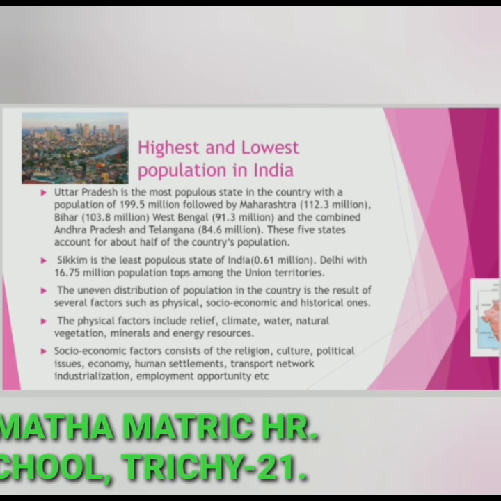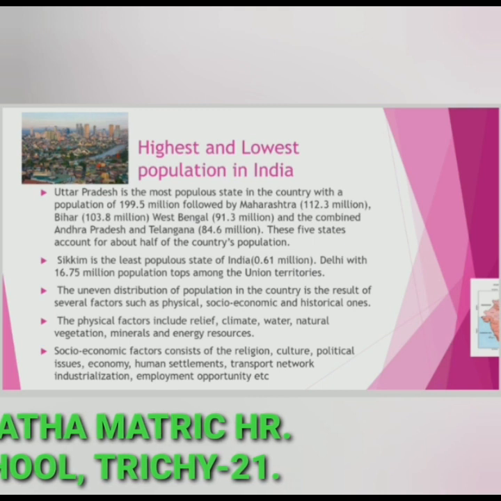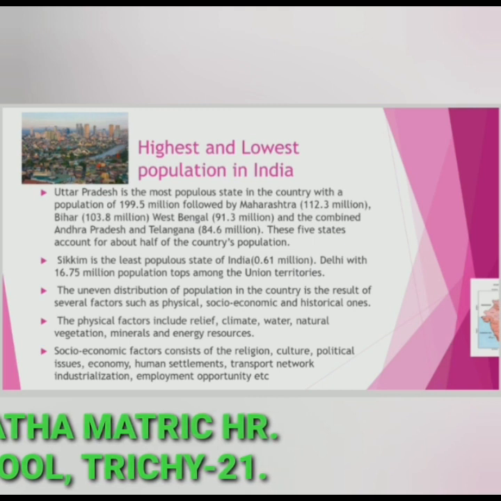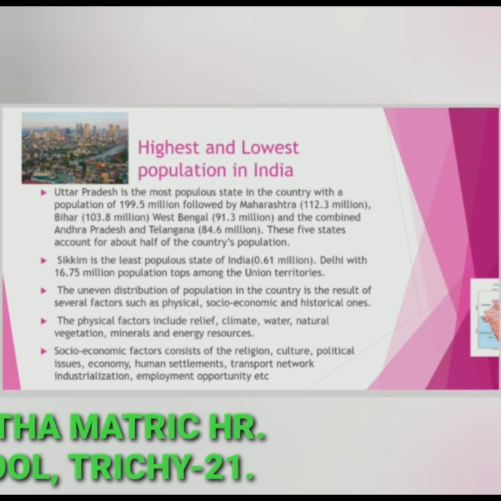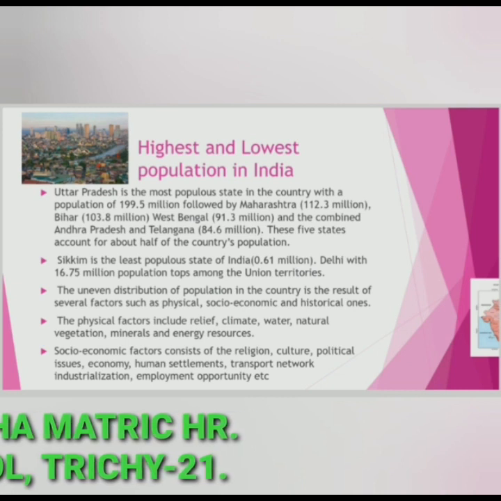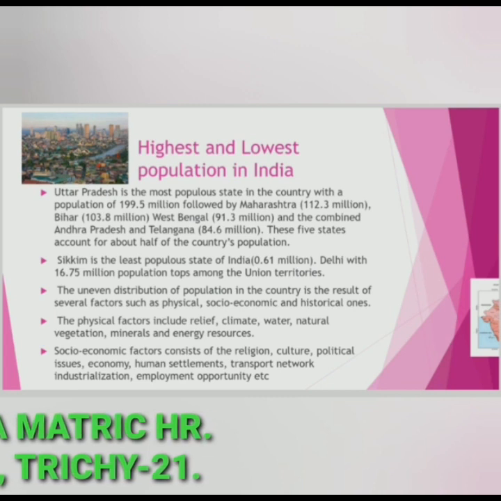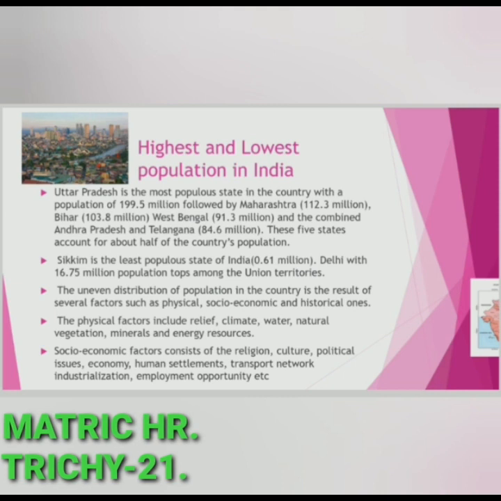These 5 states account for about half of the country's population. Sikkim is the least populous state of India, 0.61 million. Delhi with 16.75 million population tops among the union territories.